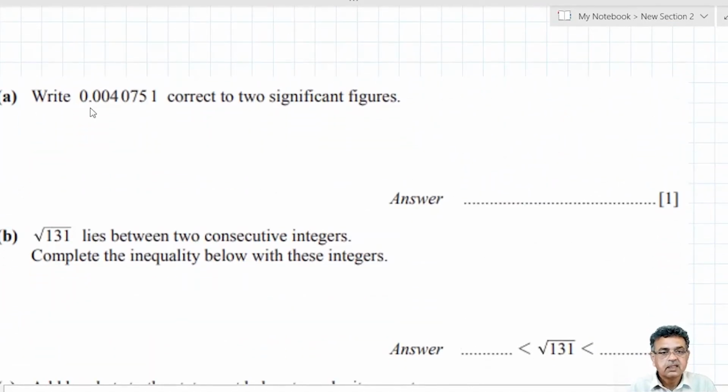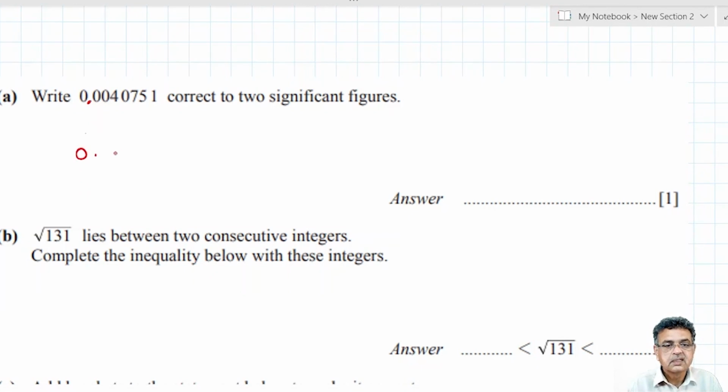Okay. Write correct to two significant figures. First of all, we shift this number here. No, it is not asked to write in standard form, only two significant figures. And in case of decimals, leading zeros are not significant.